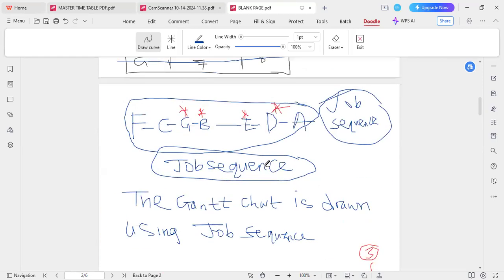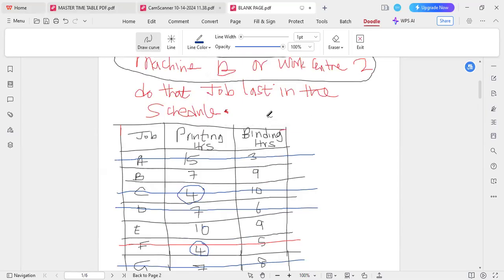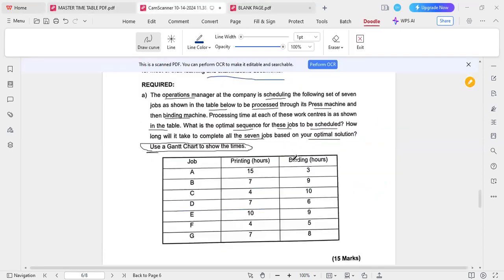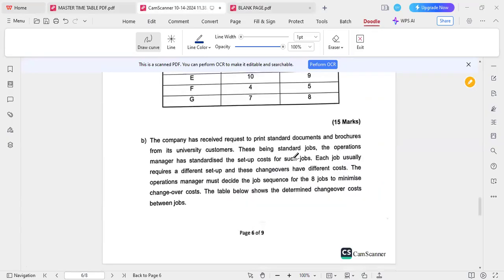So this topic was on shop floor planning and job sequencing, where we have looked at this kind of question. All right, so you can get down to another part of another question here.